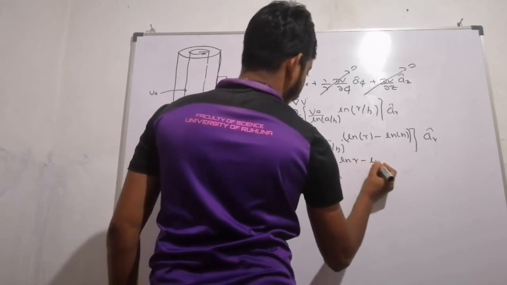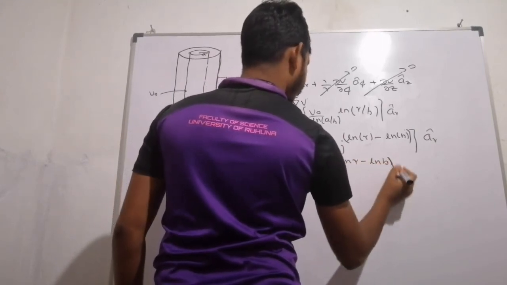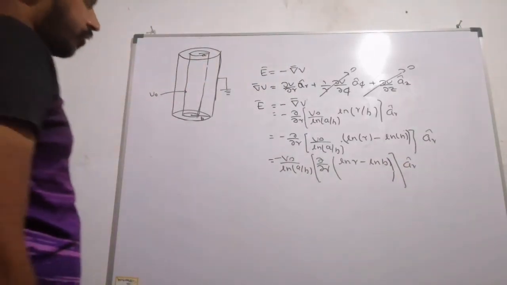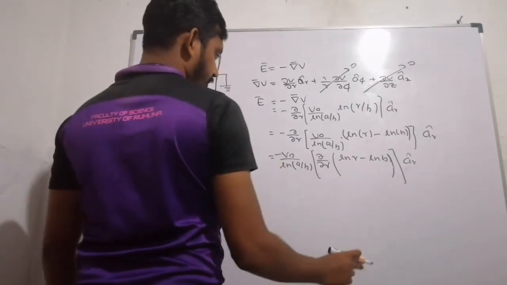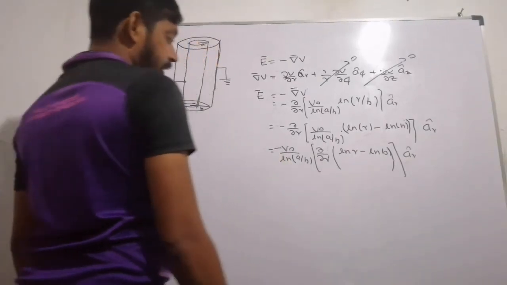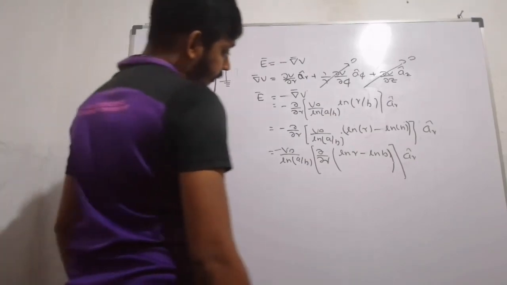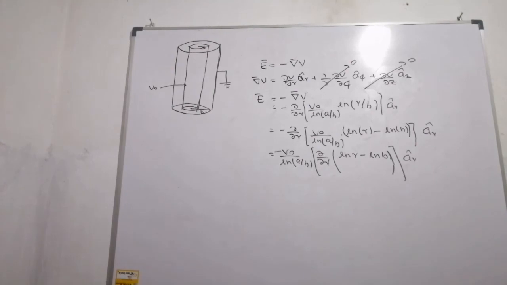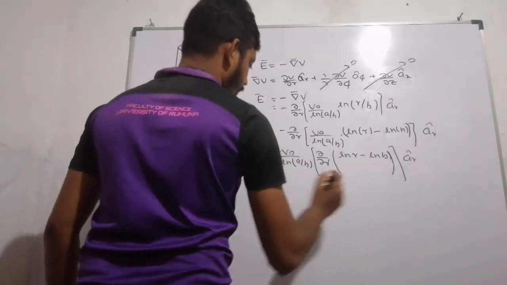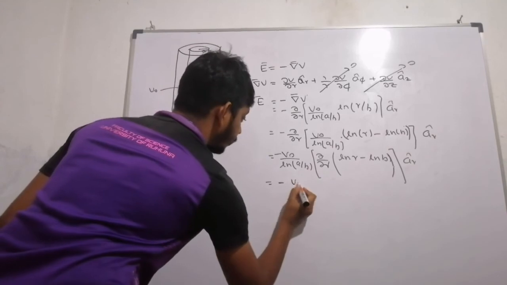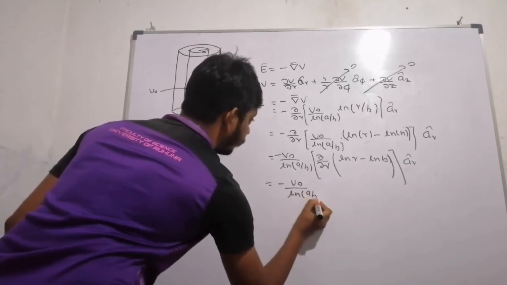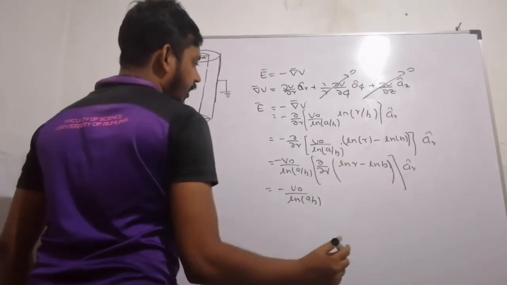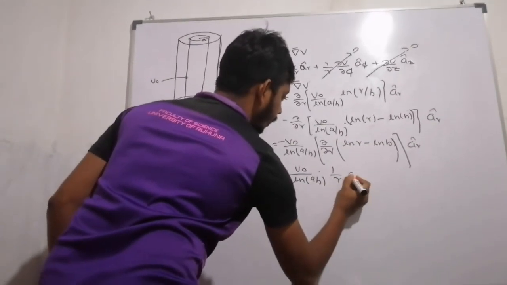Yes, this is right. ln B does not depend on R, so it is 0. Now the derivative of ln R with respect to R is 1 over R, so we get V naught over ln A over B times 1 over R a_R.